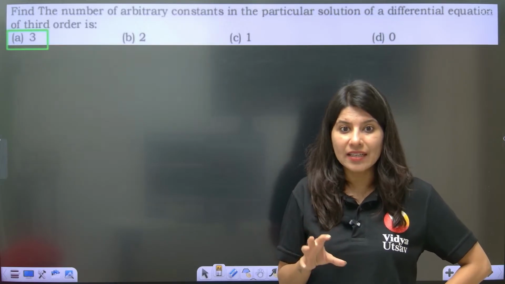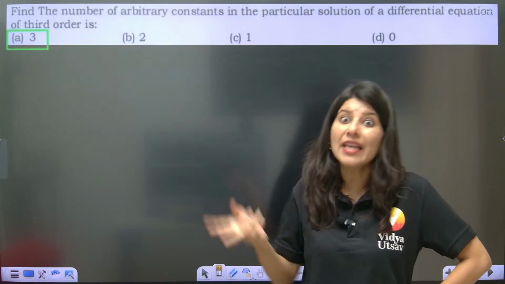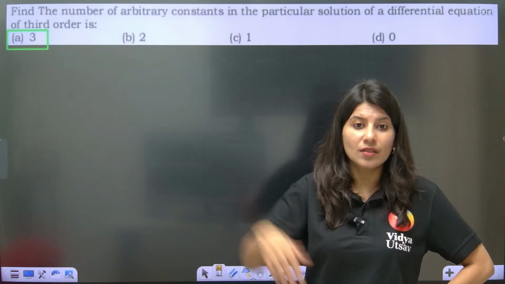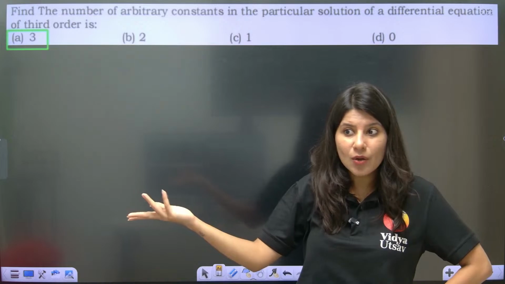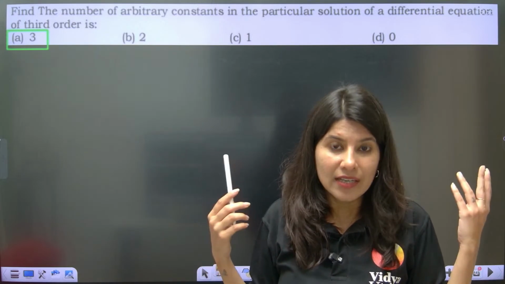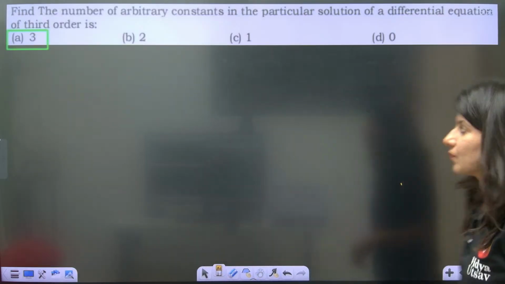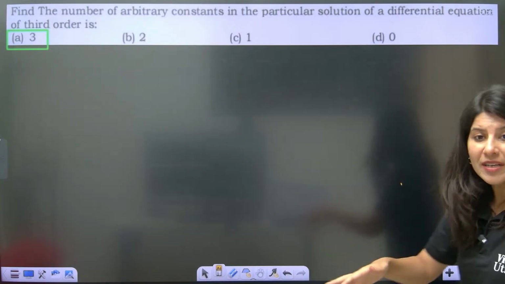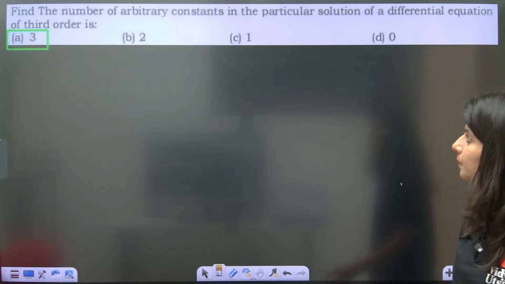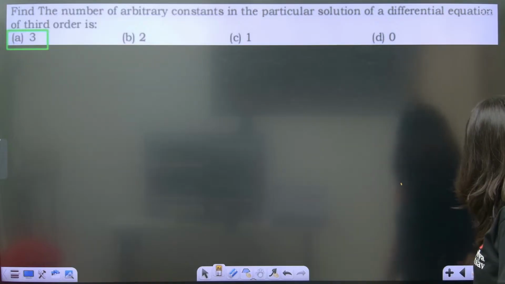If the order is 3, that means you need 3 derivatives to eliminate the constants. On the first time, that will have arbitrary constants, okay? So they will not mention the particular solution. Order 3 only. Even if it is particular, then also it's 3. Do not get confused, okay?